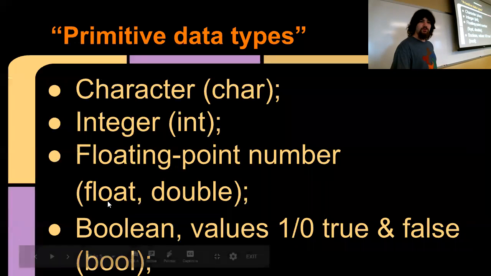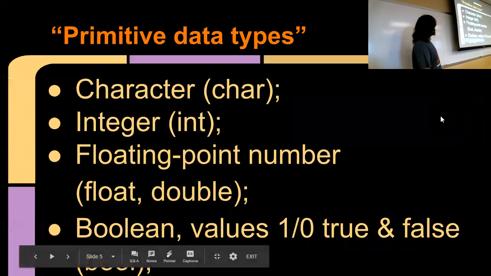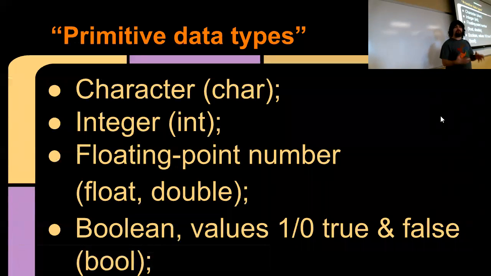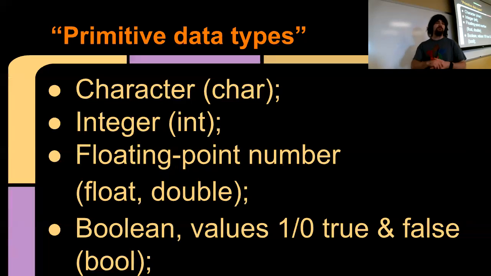Yeah. Okay, cool. So let's talk about our primitive data types. And I use the word primitive because these are things that are built into the language. They're already here. There are non-primitive data types, and you'll have a chance in this course to make your own data types and classes. But it's probably going to be based off of these types that we have here.